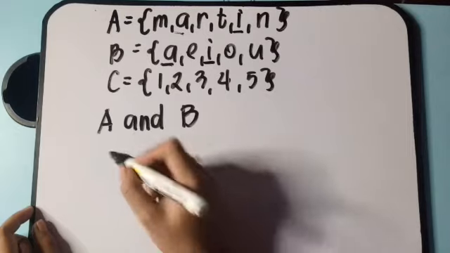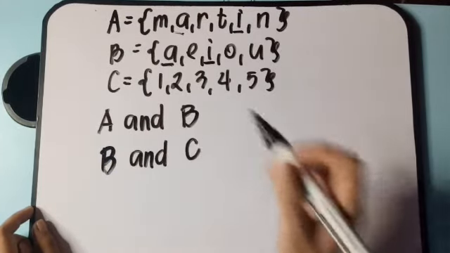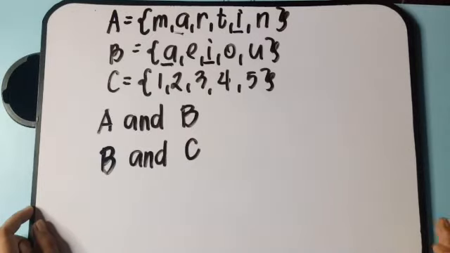How about B and C? Okay, if your answer is that B and C are disjoint set, therefore you are correct. Why? Because as you can see from the elements of B, we have the vowels. And the elements of C are numbers from 1 to 5.